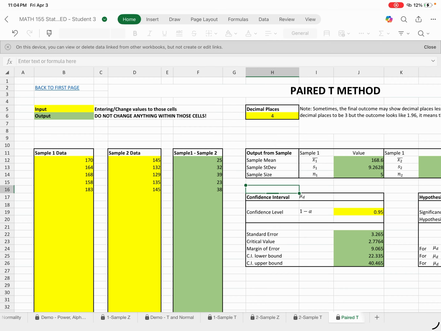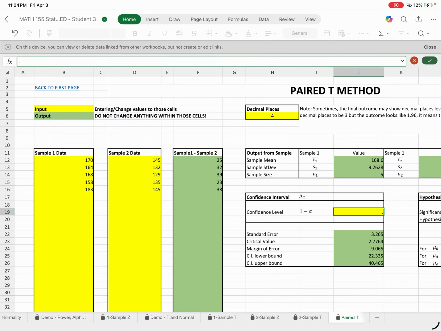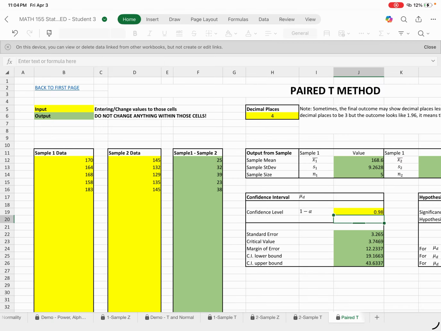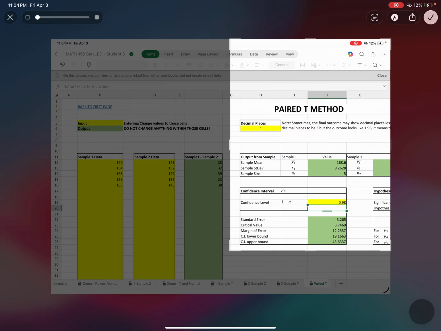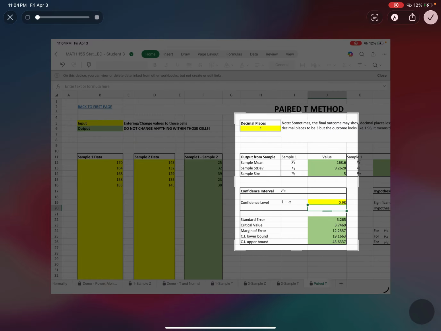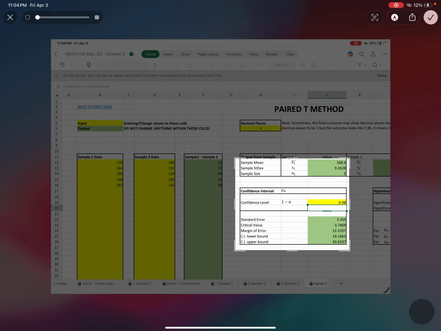So if we decide that we want a 98% confidence interval, well, those are our numbers. Let's do this guy right here.